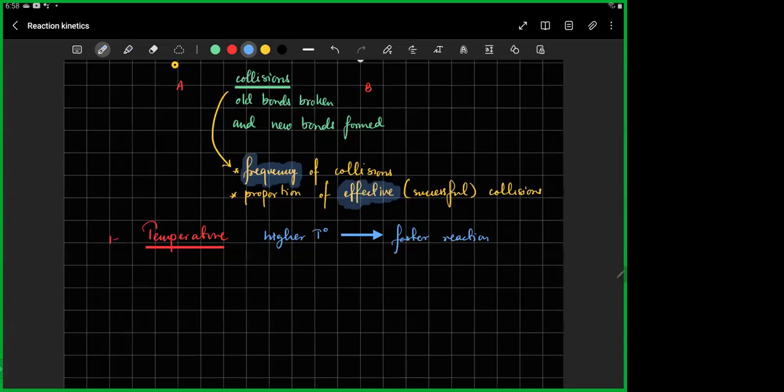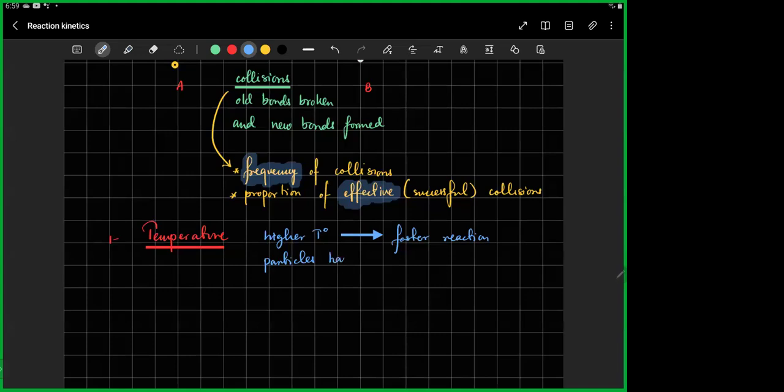So the explanation for that: why do you get a faster reaction? At a higher temperature, it's going to be a 3-4 mark question, 2-3 mark question. So you're going to write that particles have more kinetic energy. Remember, your wording has to be written in exactly the same way.